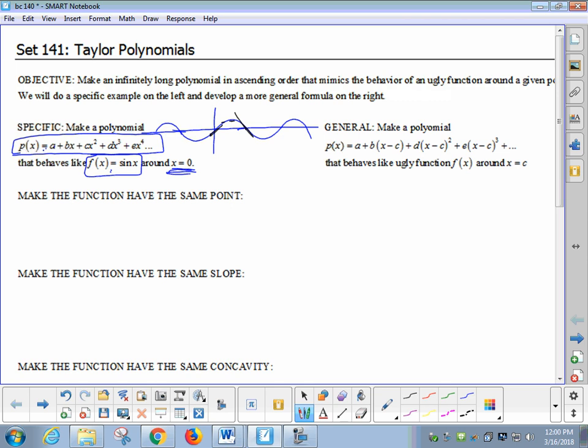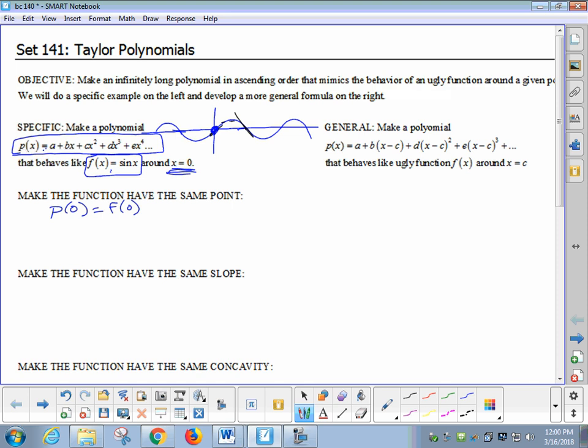Now, if my polynomial is going to truly match the sine function, then first and foremost, they have to have that same point. Those points must match. Now, that means that the polynomial at 0 needs to equal f at 0. So they meet at 0, right? Alrighty then.